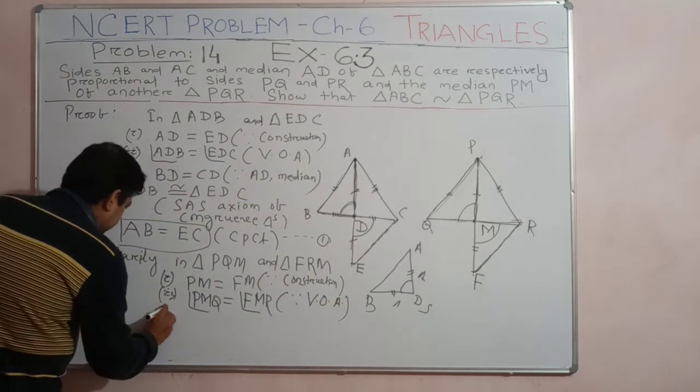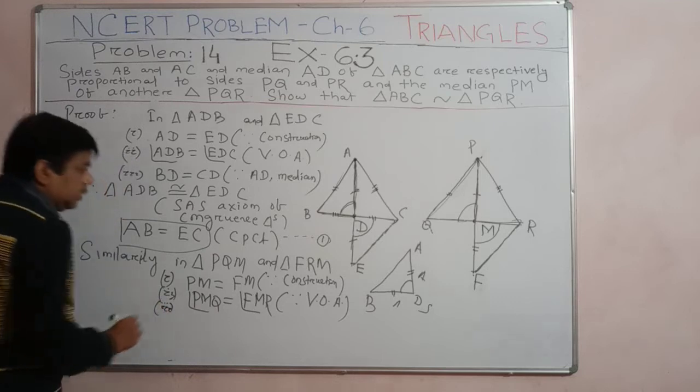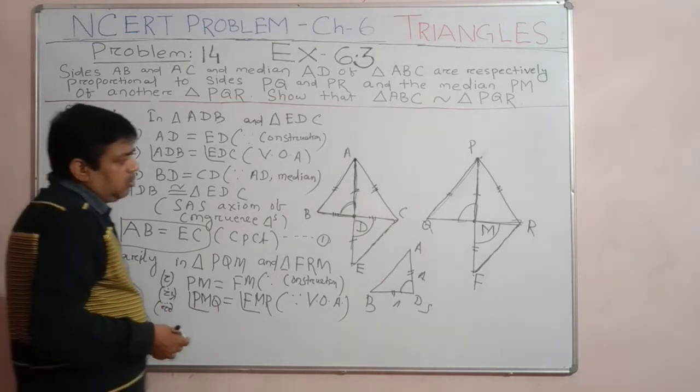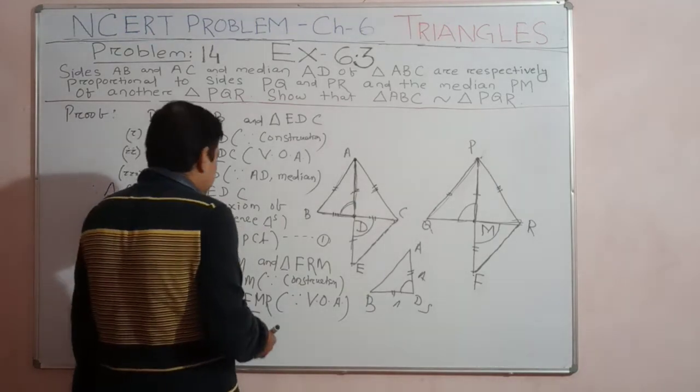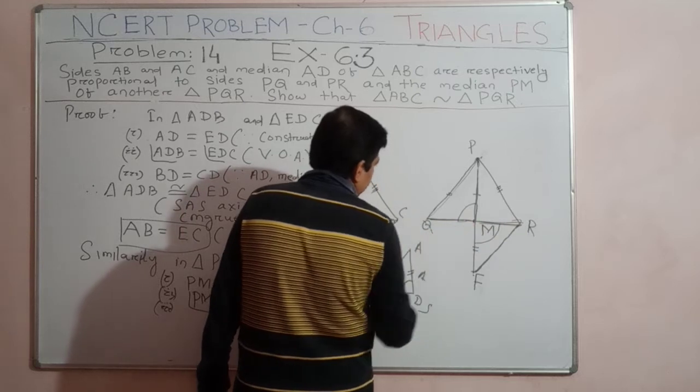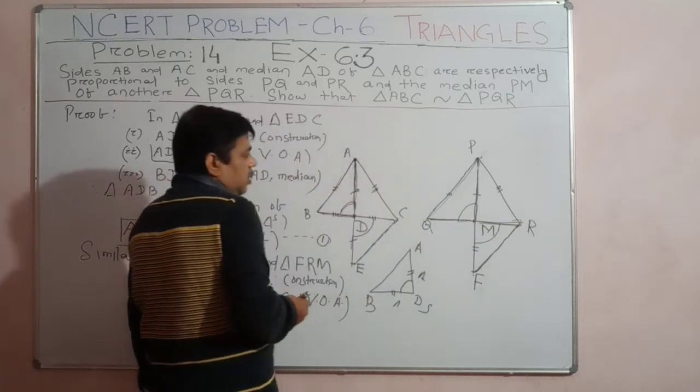And third point, what is given here? QM is equal to RM, because M is the midpoint of the side QR due to the median PM.